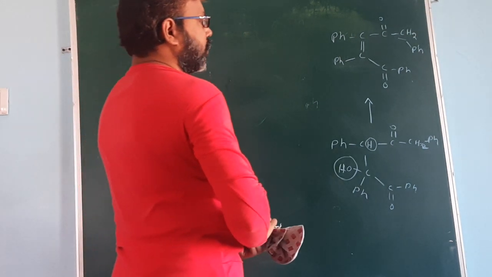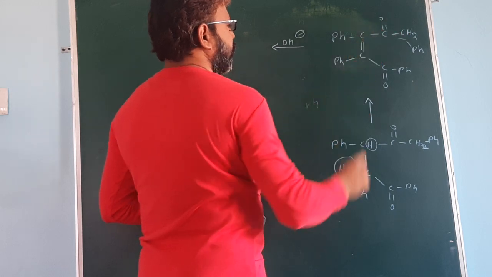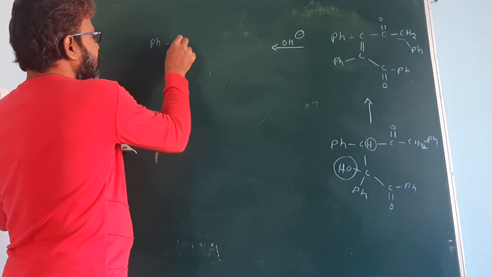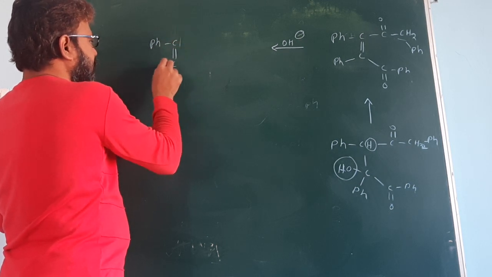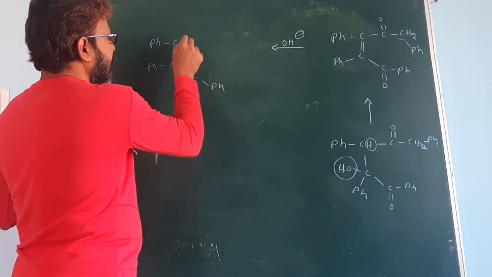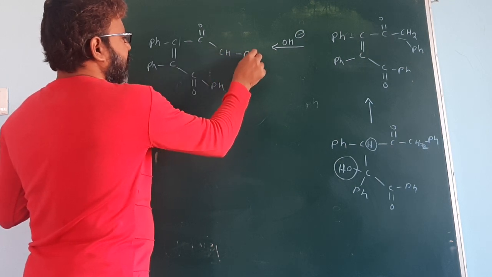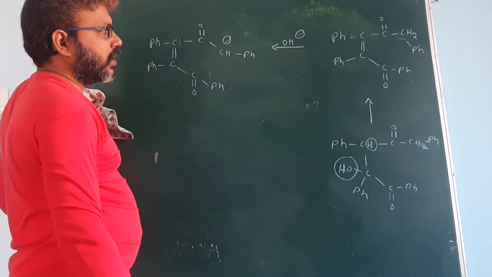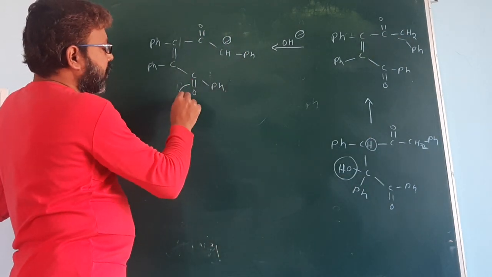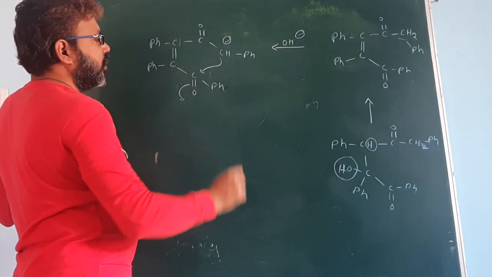The base subtracts the proton from the alpha carbon and we get a carbanion. OH minus subtracts the proton from this carbon. Now this pi bond electron shifted to here, and it attacks here. We get a 5-membered ring: 1, 2, 3, 4, 5.